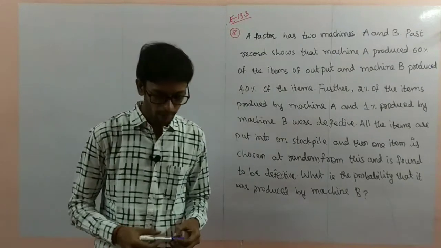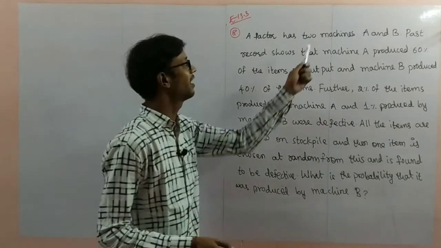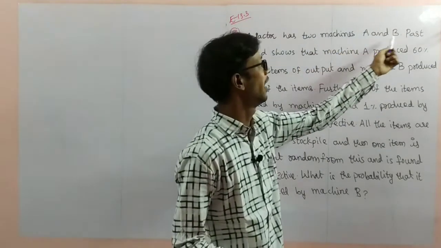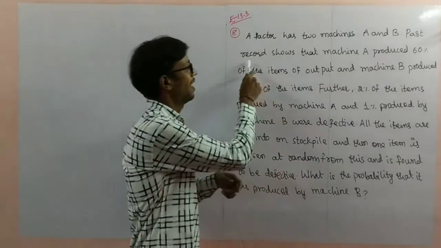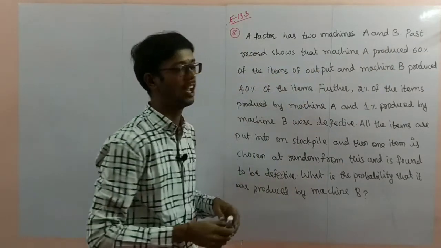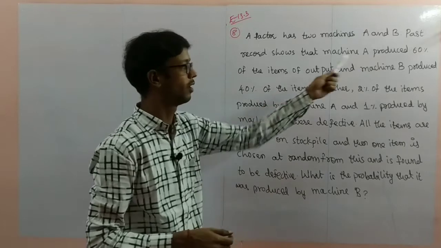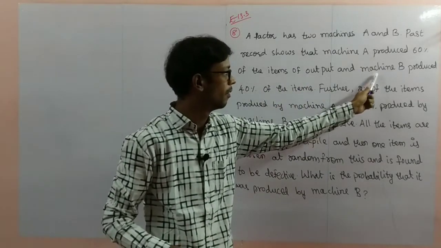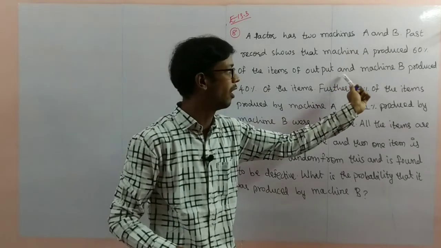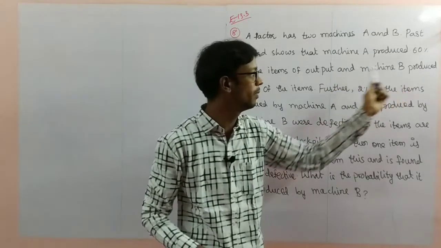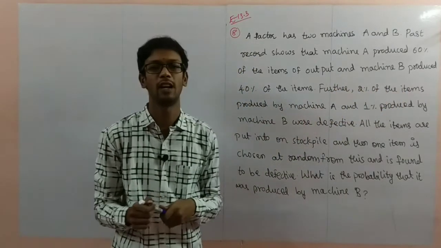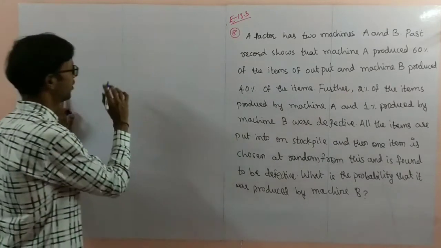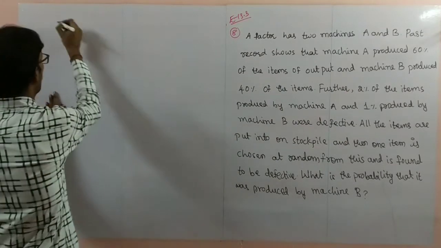Next, problem number 8. A factory has two machines A and B. Past record shows that machine A produced 60% of items, and machine B produces 40% of items. So I'll write here, first of all two events are there.